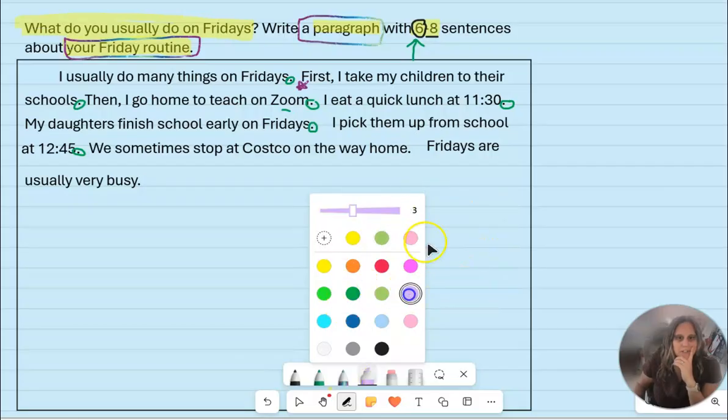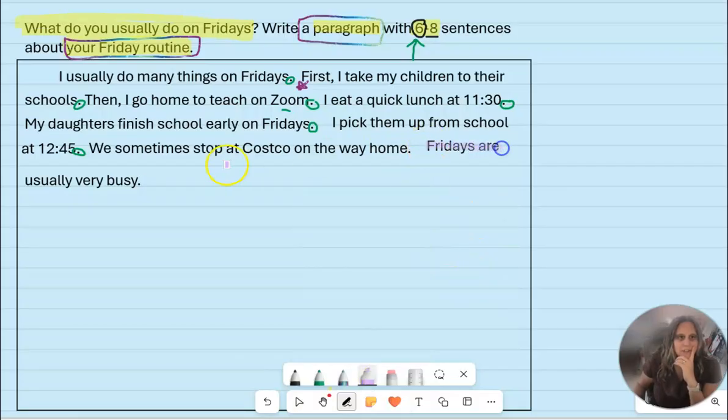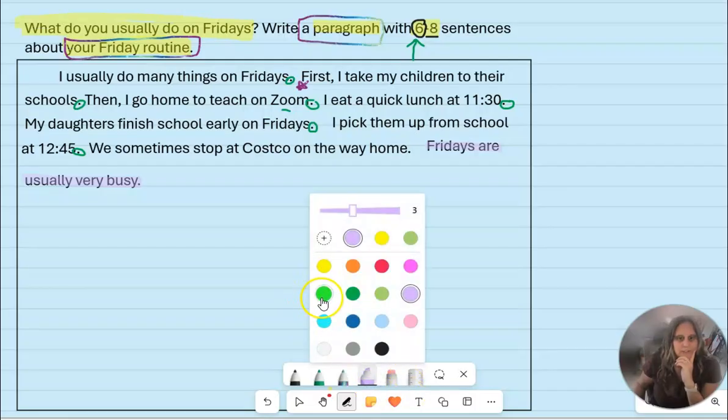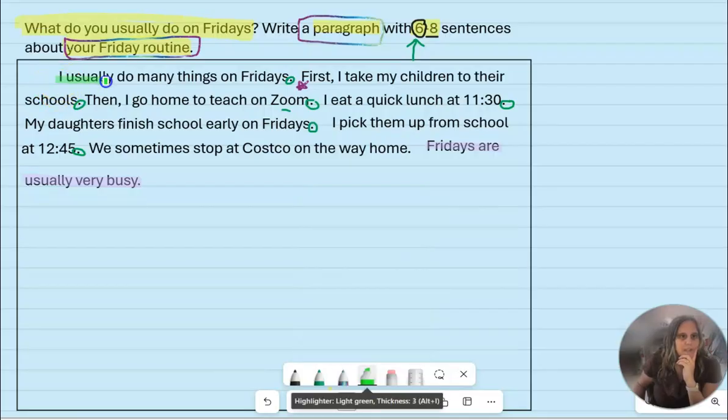Let me change the color here. So Fridays are usually very busy. That's a conclusion. It connects back to my topic sentence. I start with a topic, big idea. I usually do many things on Fridays. And then the other sentences are details to support many things on Fridays topic.